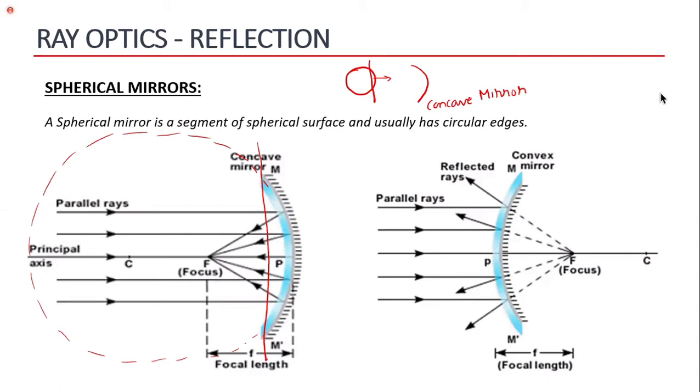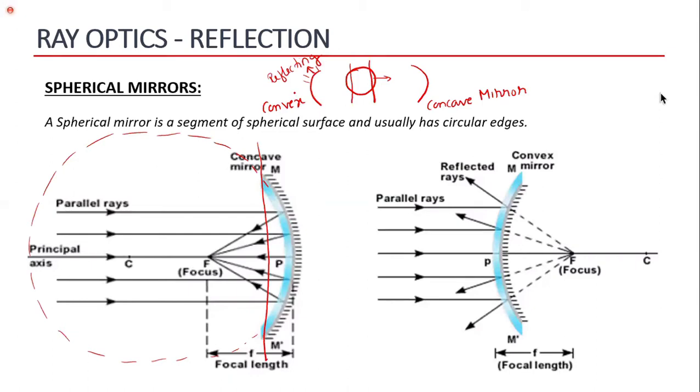Now, if I cut this portion of it, then I get something like this. And if you are outside, this is your reflecting surface, then this is called a convex mirror.